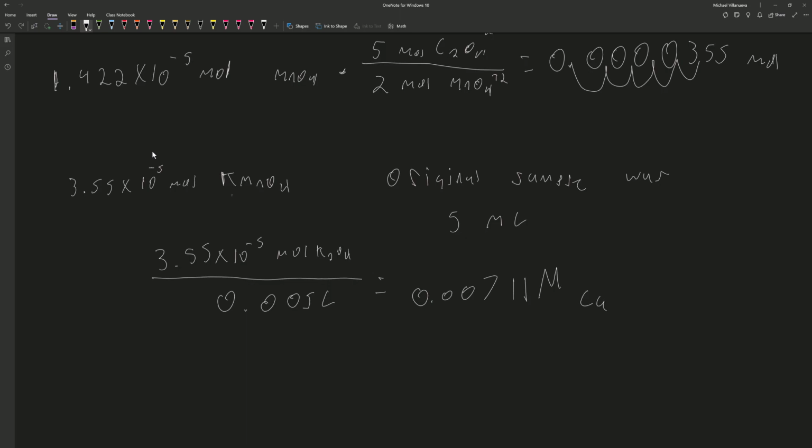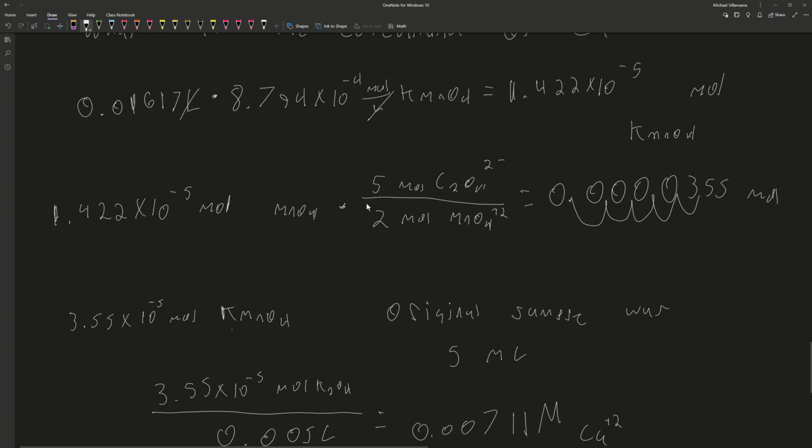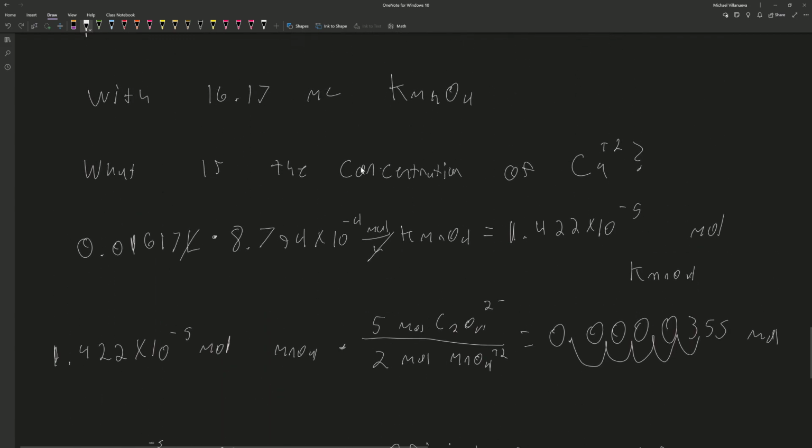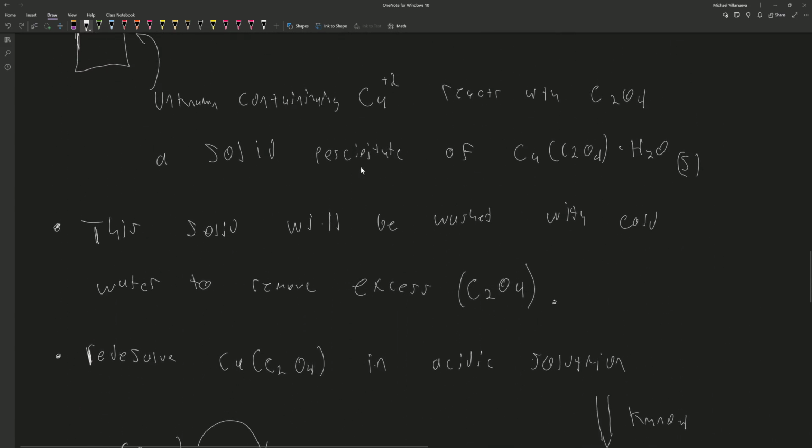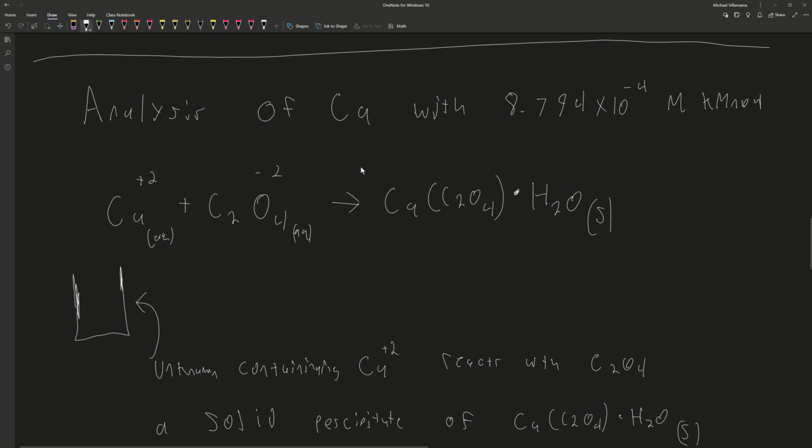That's the concentration of Ca in the sample I analyzed. This is essentially the same process you'll do with everything that you titrate. You just find the ratio, and that ratio is honestly the only thing that'll be different in this process. Other than that, you follow this exact same process.